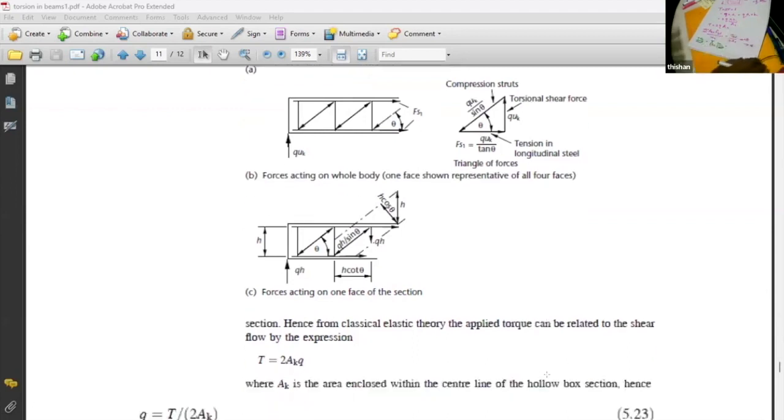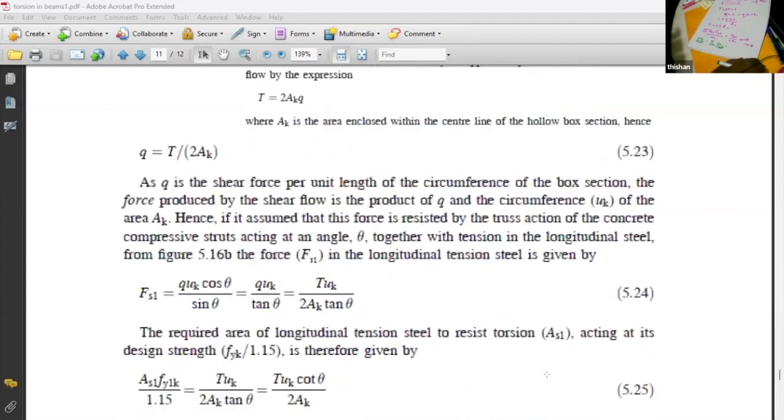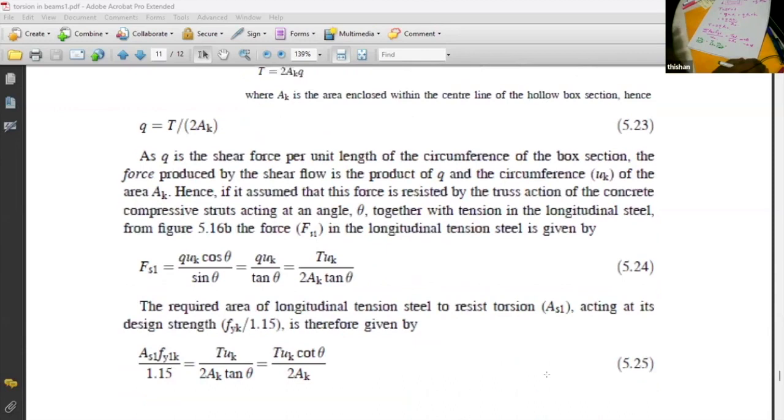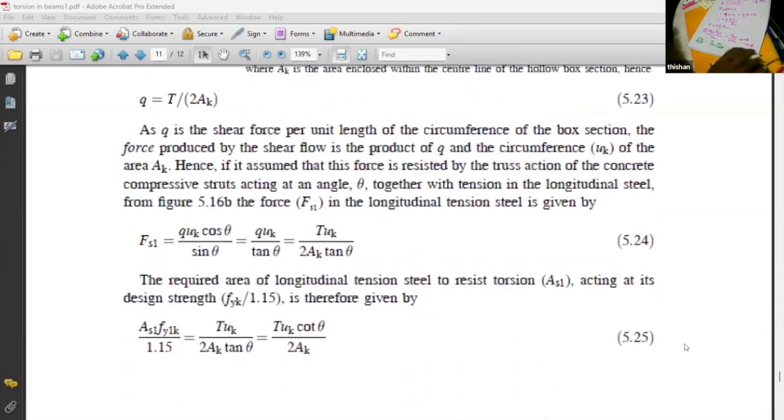And that force is resisted by the horizontal reinforcement, that is Asl fyk divided by 1.15, right?